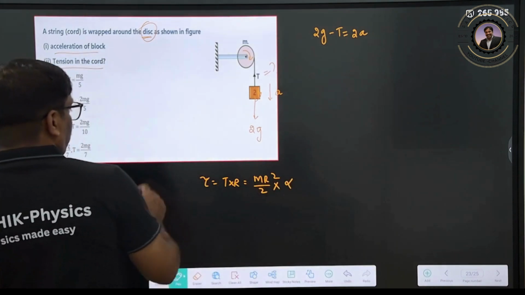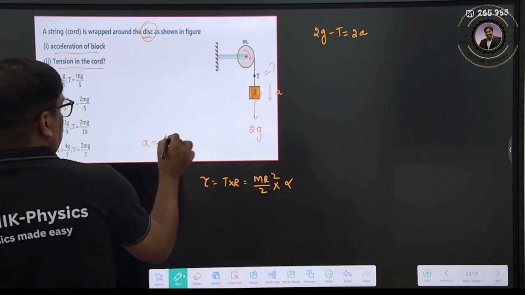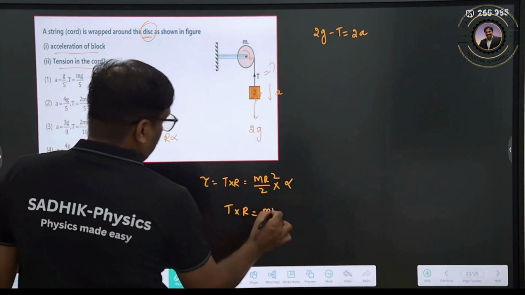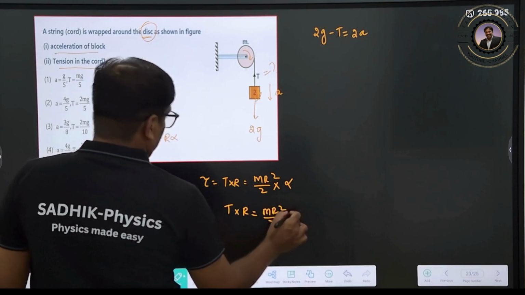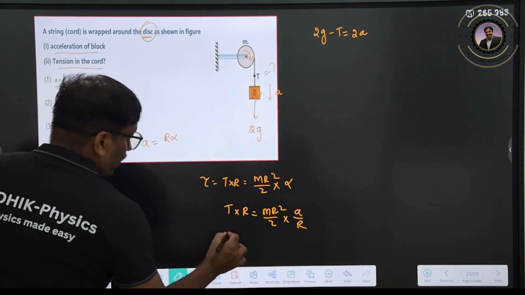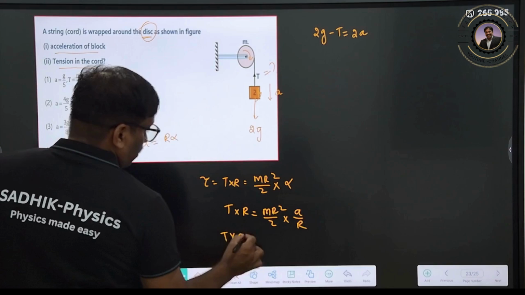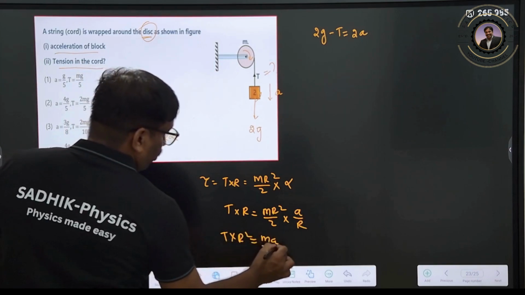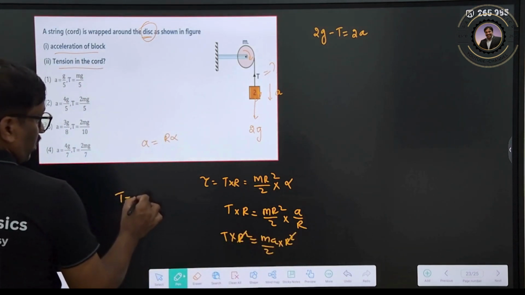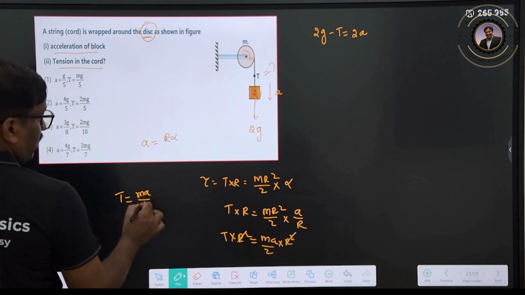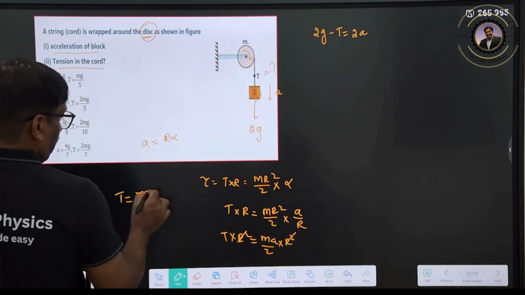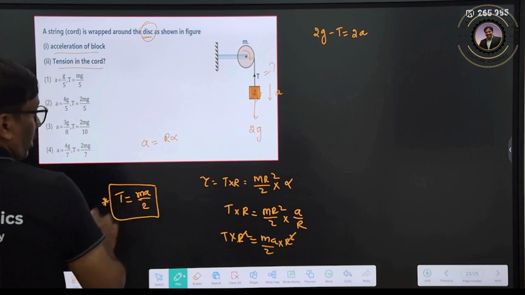We can write A is equal to r alpha, so alpha is A by r. So tension into r is equal to m r square by 2 into A by r. The r cancels out, so tension is m A by 2.